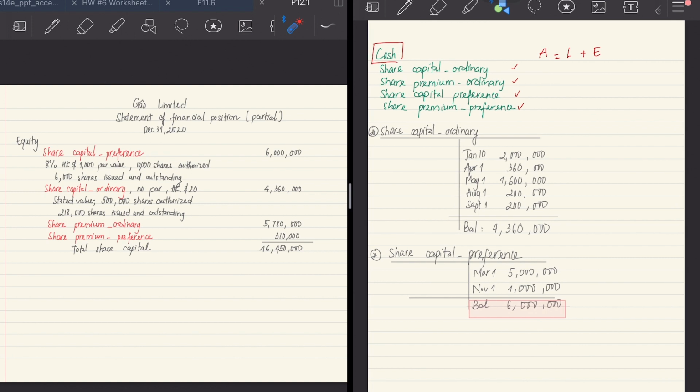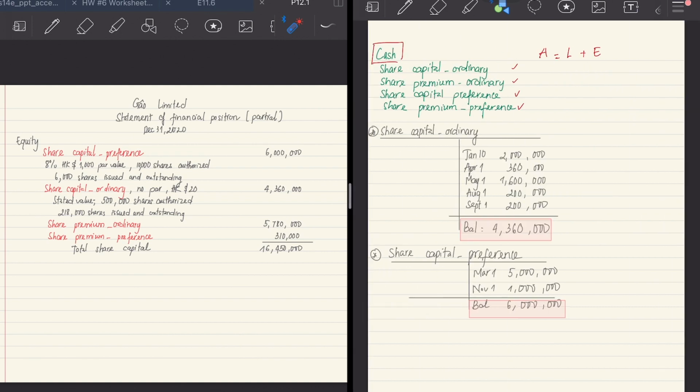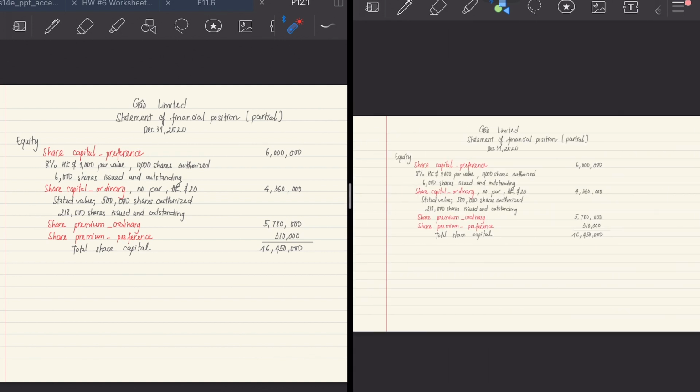I also have 4,260,000. And the third one is 5,780,000. And the last one is 300,010. Okay, so the total share capital that I have here is 60,400,050. Okay, so just send me if you have any other questions.